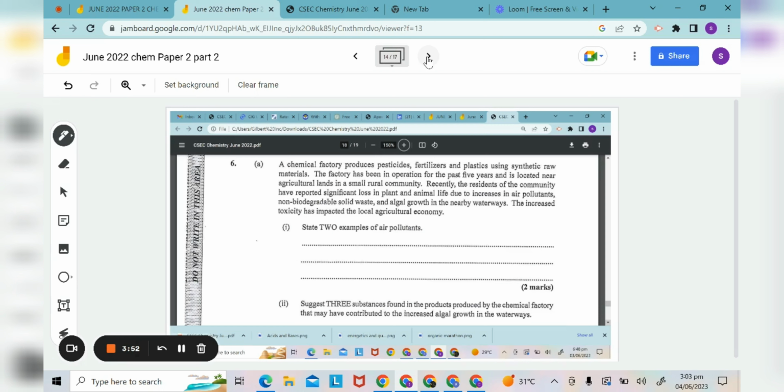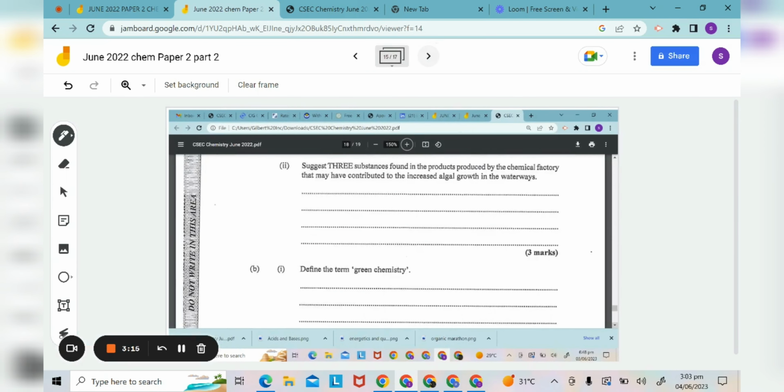Recently, the residents of the community have reported significant loss in plant and animal life due to increases in air pollutants, non-biodegradable solid waste, and algal blue growth in nearby waterways. The increased toxicity has impacted the local agricultural economy. State two examples of air pollutants. So something like SO2 and NO2, those are air pollutants. Of course, dust, air pollutant, smoke, air pollutant. All those things are air pollutants, right?